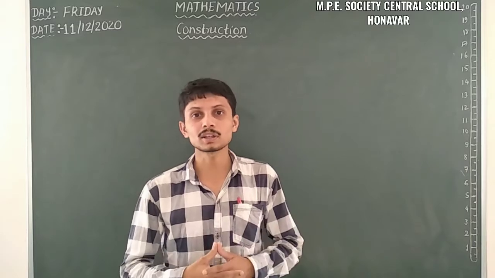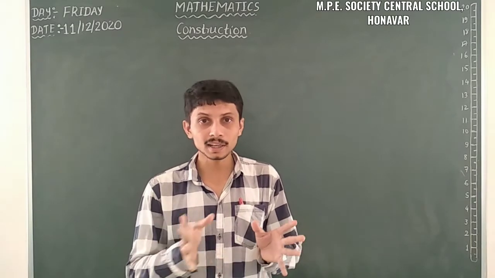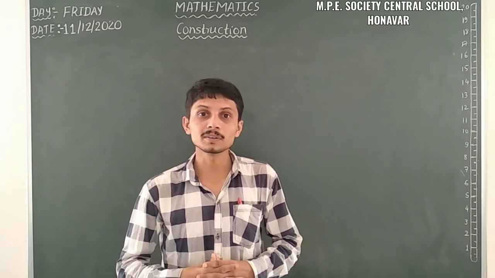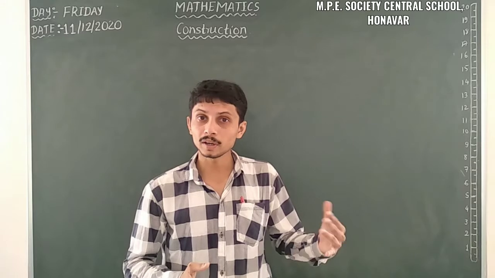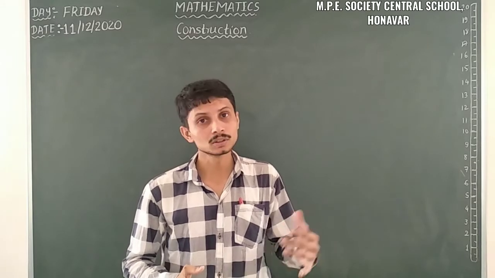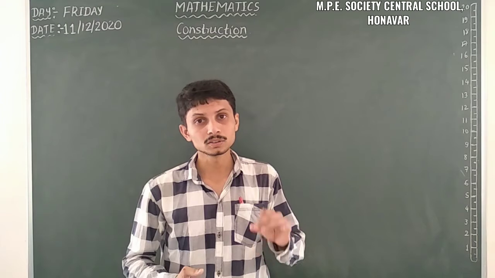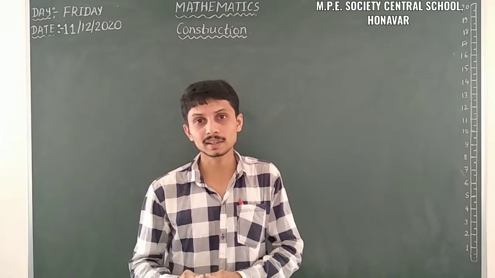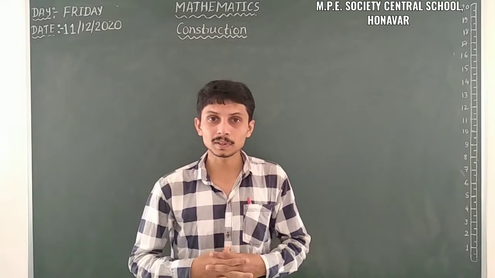Here also we have to construct a triangle. Here also we have the base and the base angle, but here we have the difference of the other two sides. Last class we discussed the sum of the other two sides, and so we constructed a triangle. Here the same base and same base angle are given, but we have the difference of the other two sides.